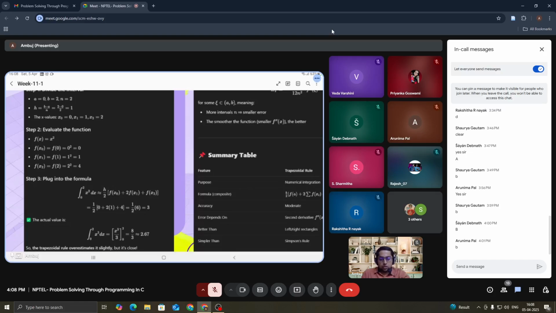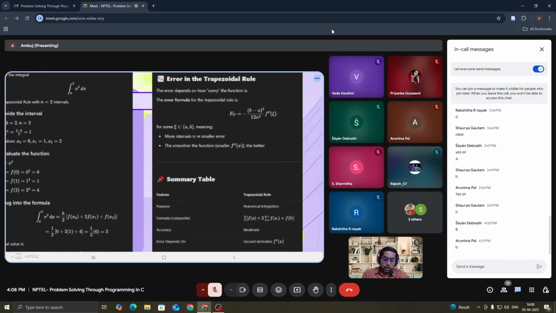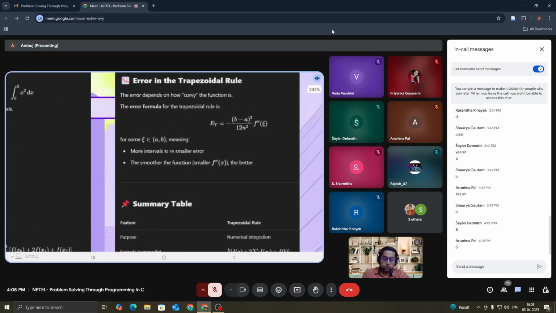Now you should also know the error in the trapezoidal rule, because sometimes it is asked. The error depends on how curvy the function is.